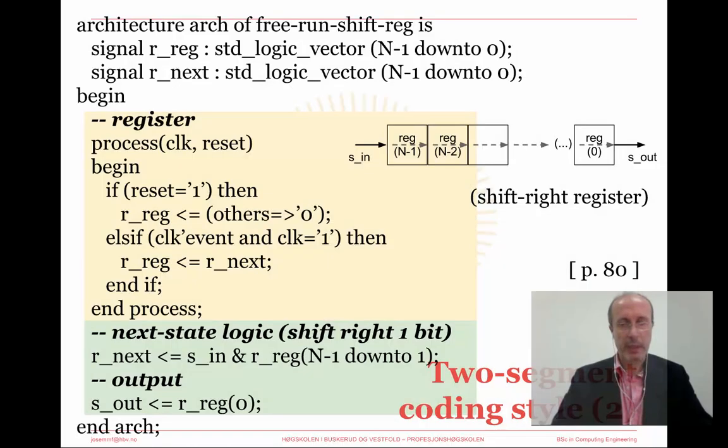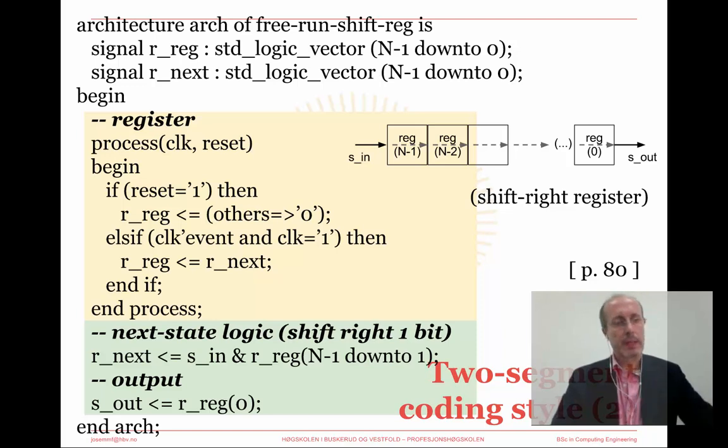As an additional example to illustrate the use of two-segment coding, we can look at the case of a simple shift register, which in this case is a shift-right register, that is to say, a block that shifts its content to the right whenever there is a clock pulse.